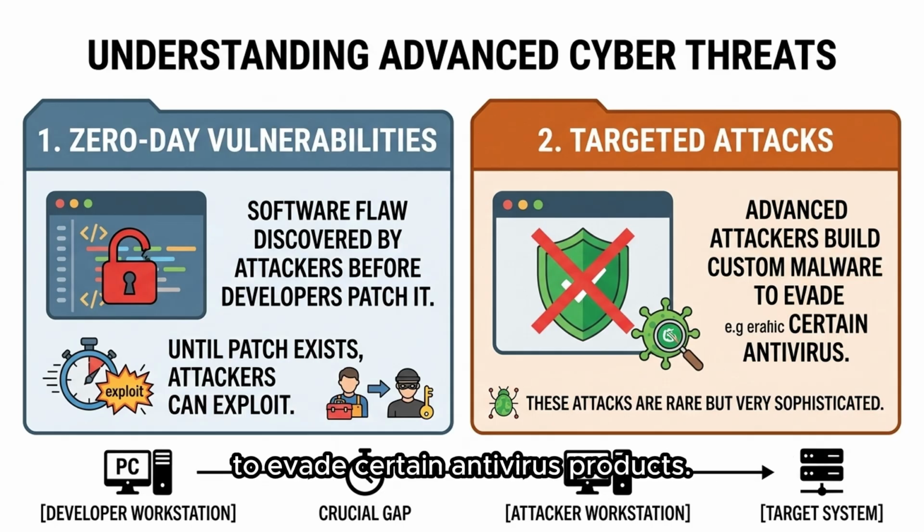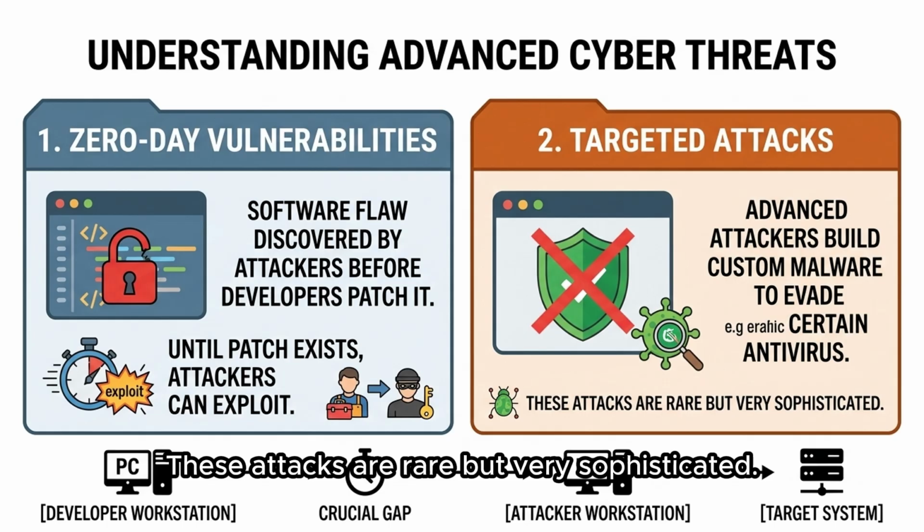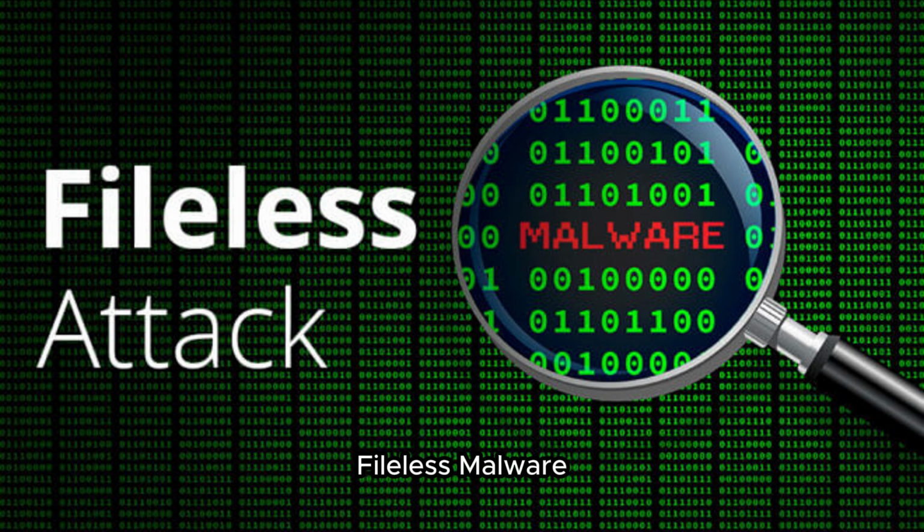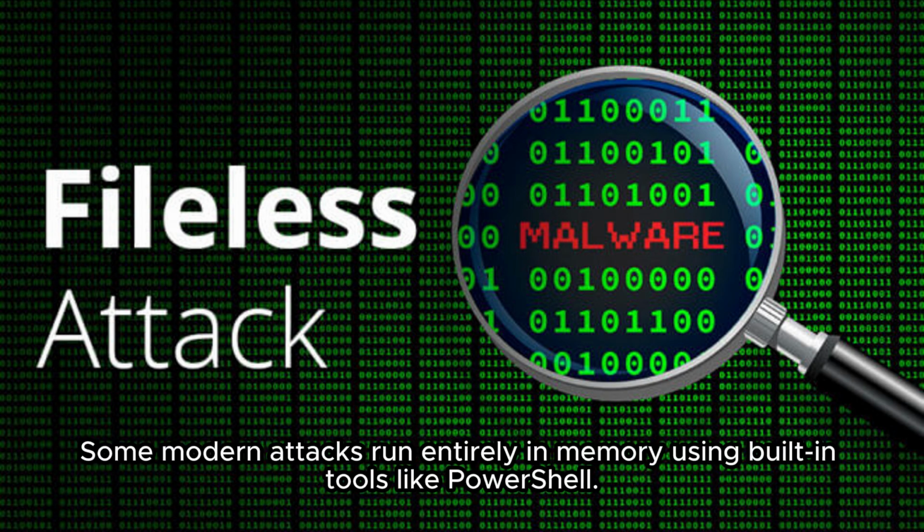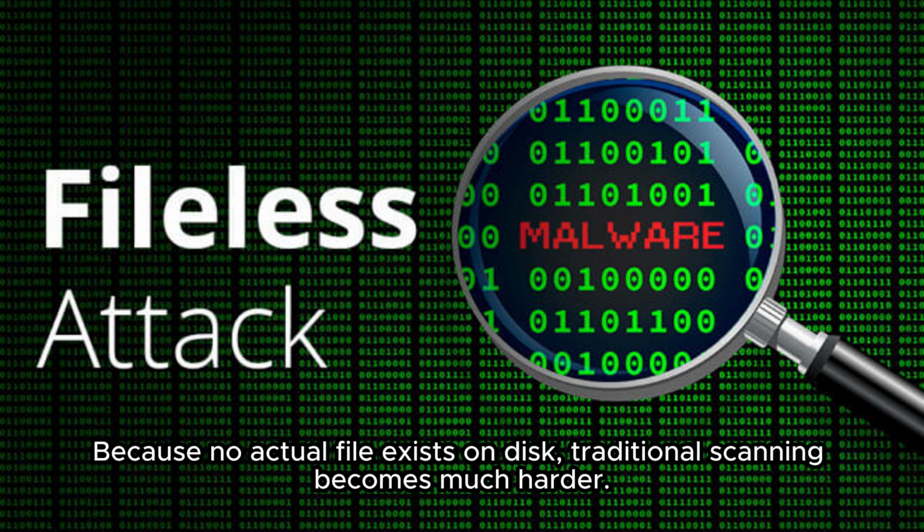Targeted attacks. Advanced attackers sometimes build custom malware specifically designed to evade certain antivirus products. These attacks are rare but very sophisticated. Fileless malware. Some modern attacks run entirely in memory using built-in tools like PowerShell. Because no actual file exists on disk, traditional scanning becomes much harder.